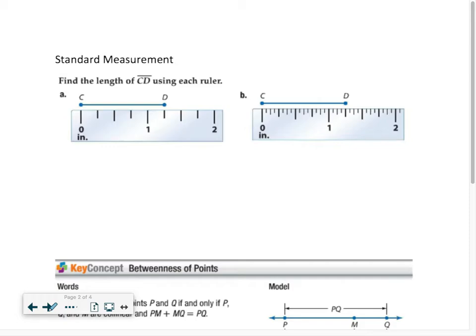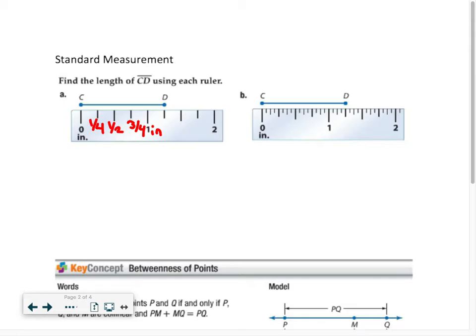Each segment here is 1 inch, and then that is broken down into a half of an inch, and then even more so into a quarter of an inch and 3/4 of an inch. Example B clearly breaks it down into eighths and then even 16ths as well. So we've got to work a lot more with fractions when we use the standard measurement.